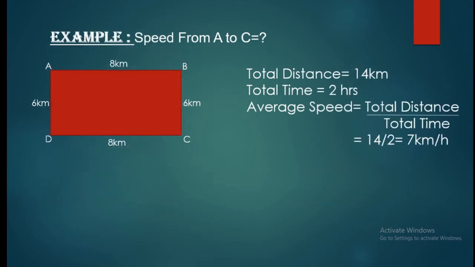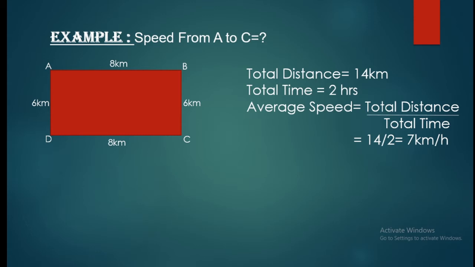Here in this figure, we need to find the speed from A to C. Suppose a man is standing at point A and he wants to go to point C. So how much average speed he was having during the given time duration.